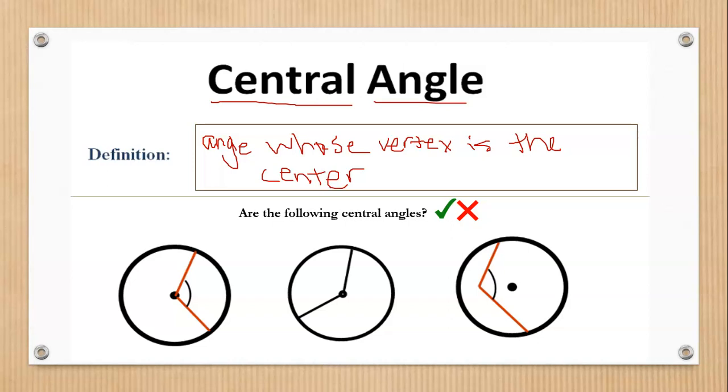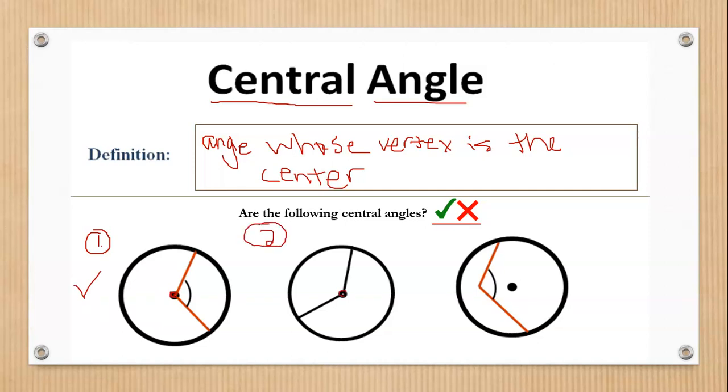So we have 3 examples down here below, and if we were in live class, I was going to ask you to give me a green check or red X. You can think about example 1 here. The red lines are forming that angle, and the vertex of that angle is right on the center. So yes, this is a central angle. Example number 2, same, right?